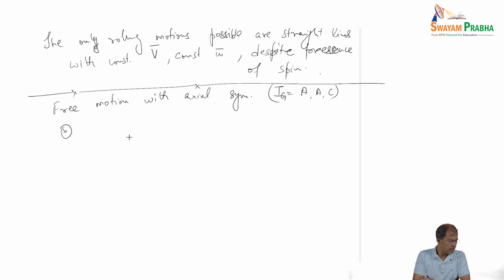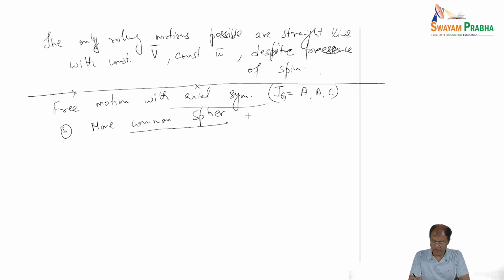We have, for example, common spherically symmetric objects, which fall under this category, free motion with axial symmetry, right? These are more specific cases of this axial symmetry. So common spherically symmetric objects.